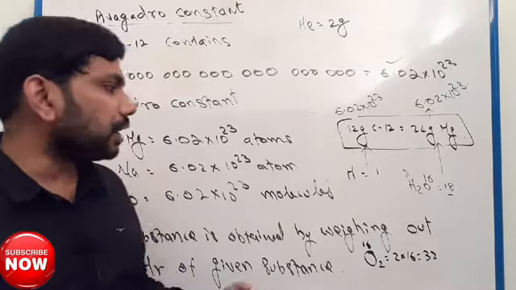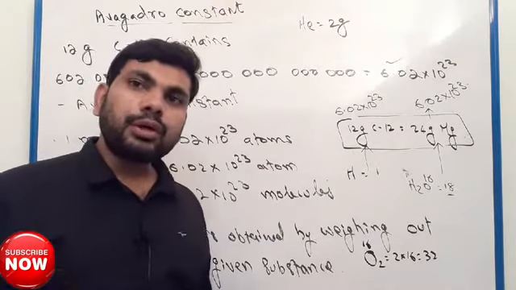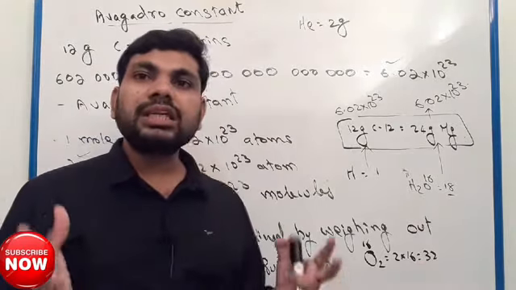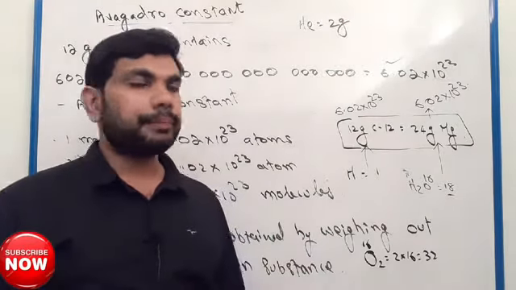For example, you want to take 1 mole of oxygen molecule. What is the relative molecular mass of oxygen molecule? 32. So you have to take 32 gram of oxygen to get 1 mole of oxygen molecule.